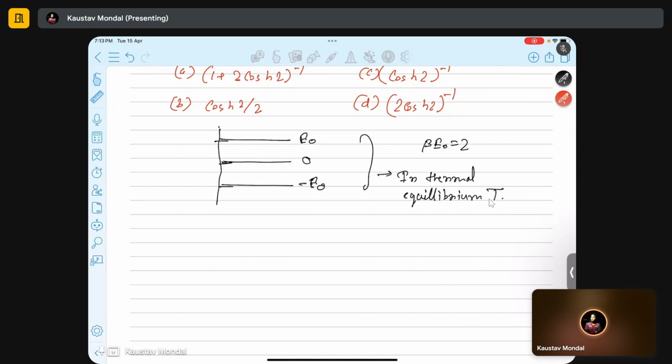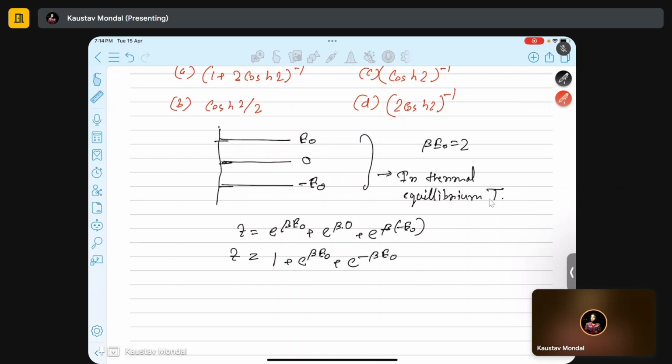Now what you can do, you can simply calculate the partition function. So there are basically three energy states, minus E0, 0 and E0. So for this case, the partition function would be e to the power beta E0 plus e to the power beta into 0 plus e to the power minus beta E0. This gives you 1 plus e to the power beta E0 plus e to the power minus beta E0.